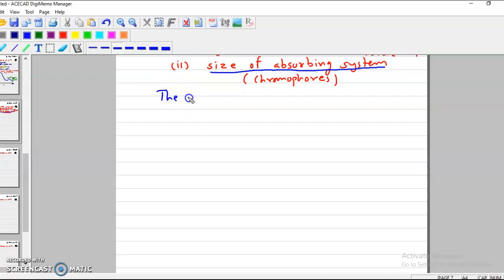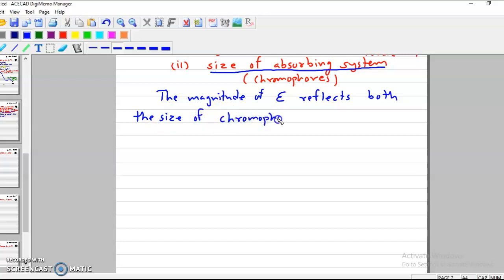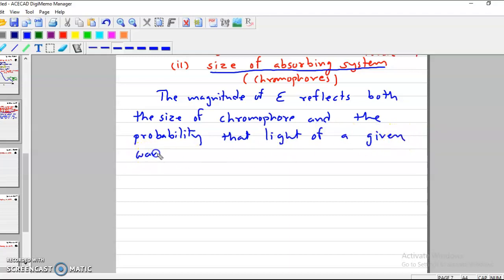The magnitude of epsilon reflects both the size of the chromophore and the probability that light of a given wavelength will be absorbed when it strikes the chromophore.